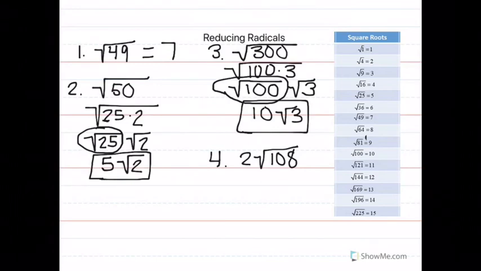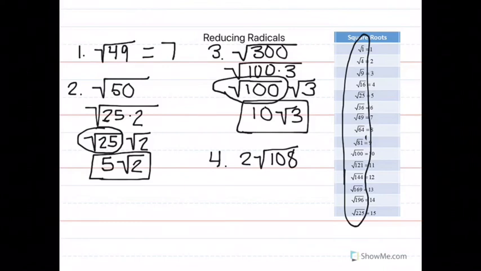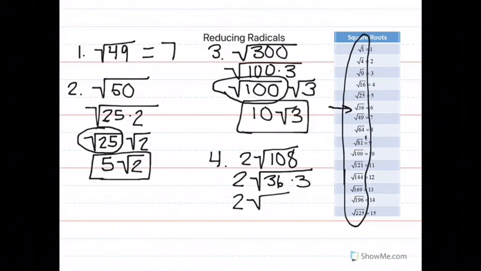So we need to find a number again, on the left side of our list here, that is a factor of 108. This one might not be so easy, but it is going to be 36. 36 times 3 is 108. So we can separate 108 into 36 times 3. Separate that out: 2 square root 36 square root 3, just like we did in the other examples.